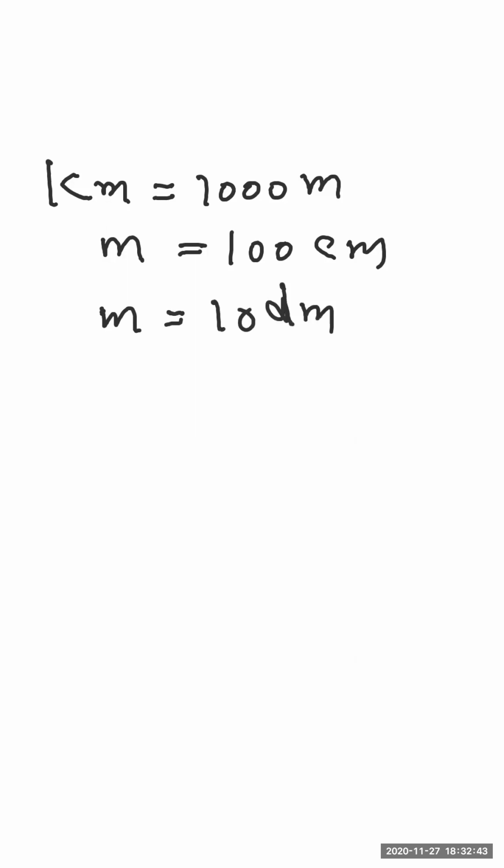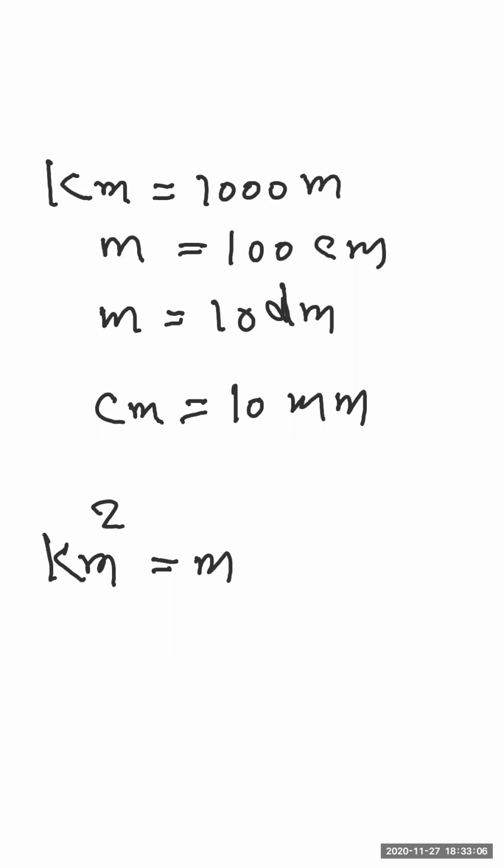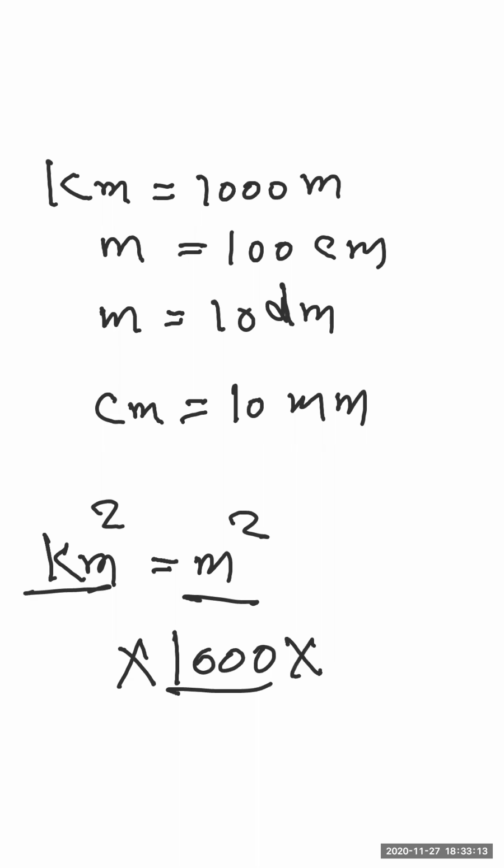All this is very basic. You don't have to memorize the squared conversions, you just have to understand the basics, then it will be very easy to convert. So from kilometers squared to meters squared, I will multiply by 1,000,000, which is 1,000 times 1,000. I mean the number between them to the power 2. That's what I meant.